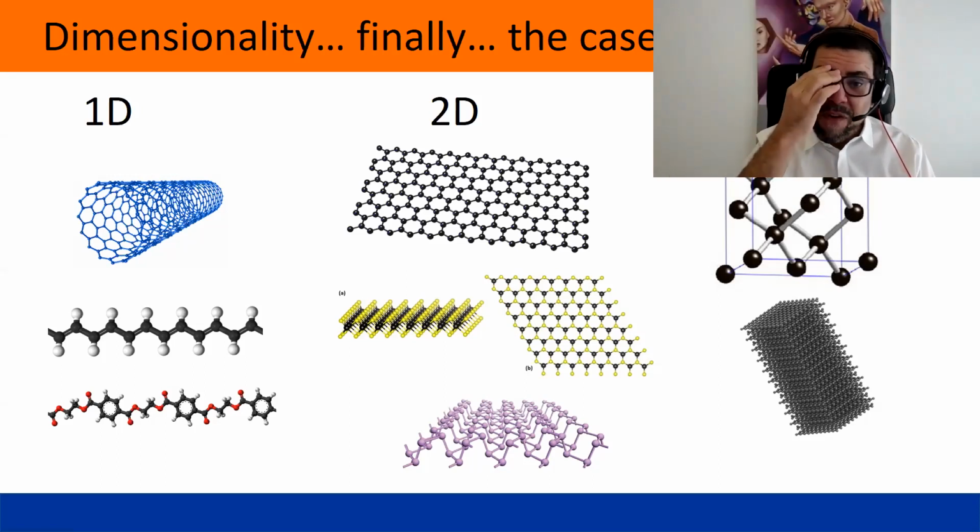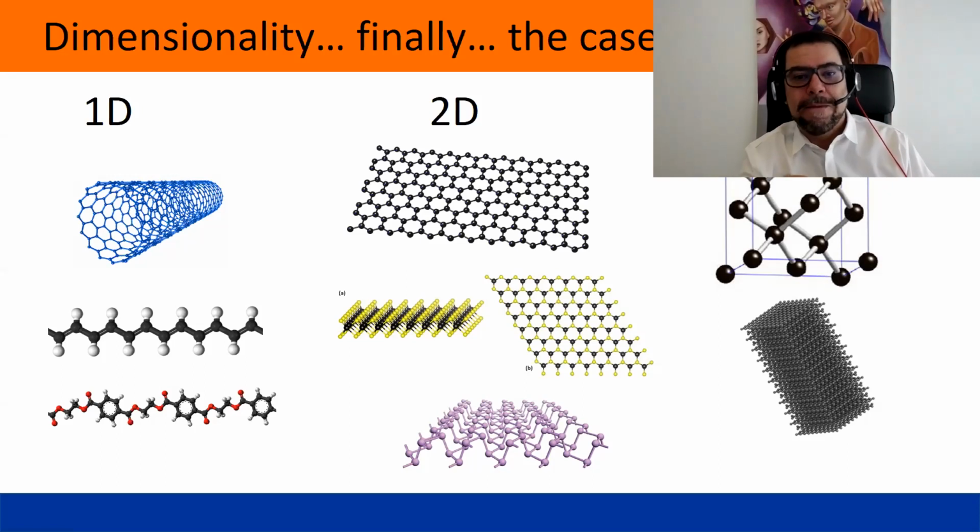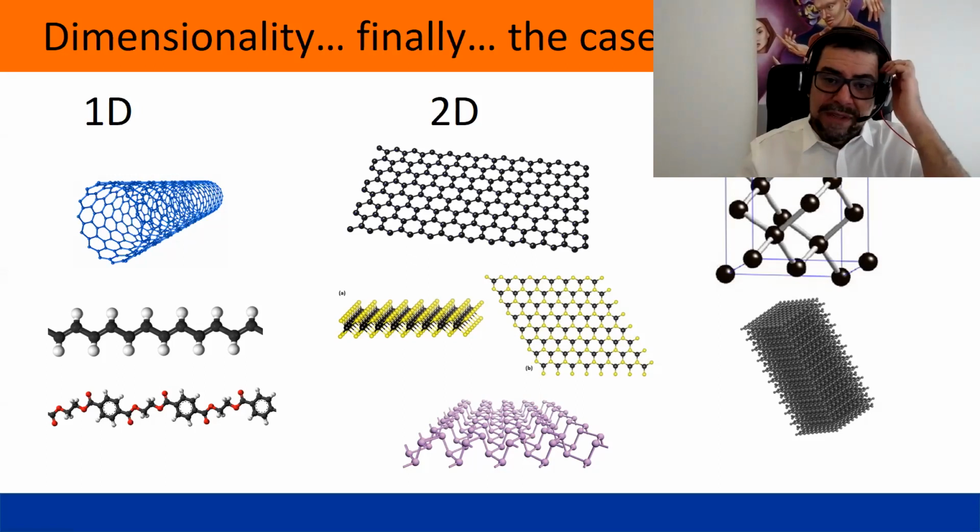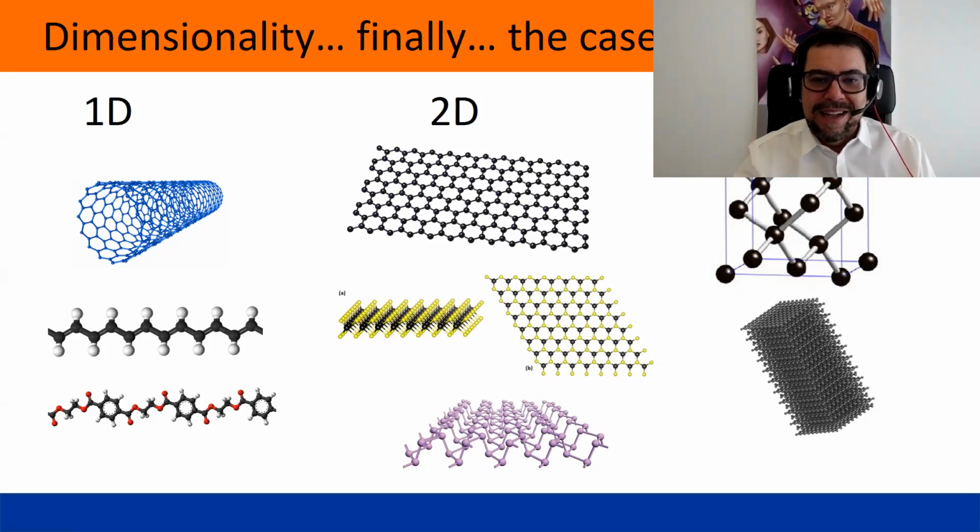So graphite is not graphene. Because in graphene, there is absolutely no motion in the direction perpendicular to the plane of graphene. In graphite, there is. So this is what changes the whole topic of dimensionality today.